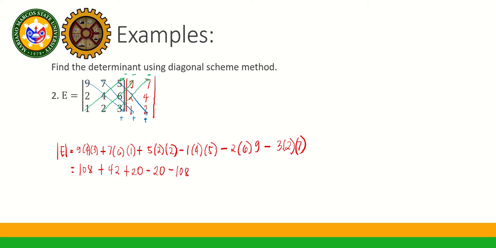And then negative 3 times 2 times 7, that is negative 42. Okay, so lahat to positive, lahat naman to negative, and they have the same exact number. So, ibig sabihin, magka-cancel silang lahat. And our determinant for E is equal to 0. Okay, so you can check that on your calculator.